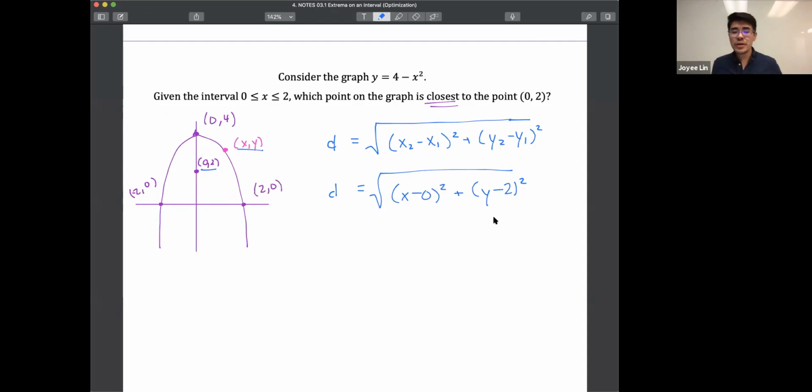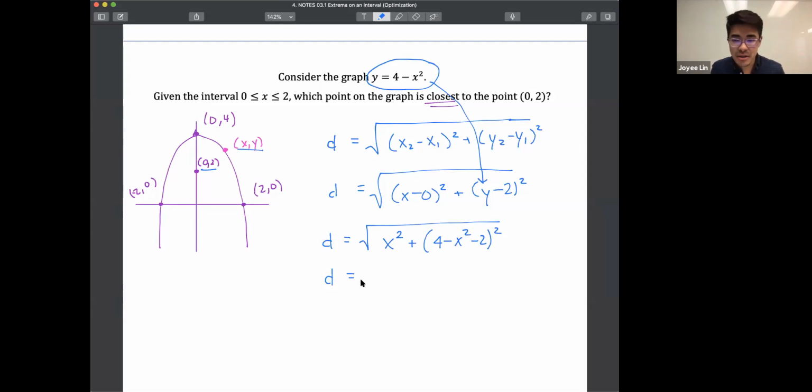Again, what are we going to do with this y? We're going to yoink the y from here, and that gets put in there. So the distance is equal to the square root of x squared plus parentheses 4 minus x squared minus 2, all of which squared. So let's simplify this a little bit. We get x squared plus 2 minus x squared, since 4 minus 2 is 2.